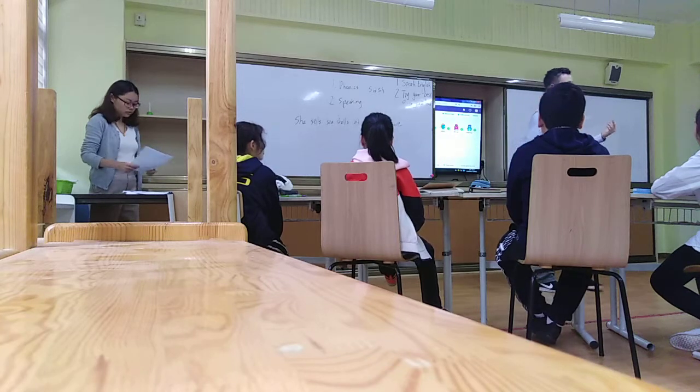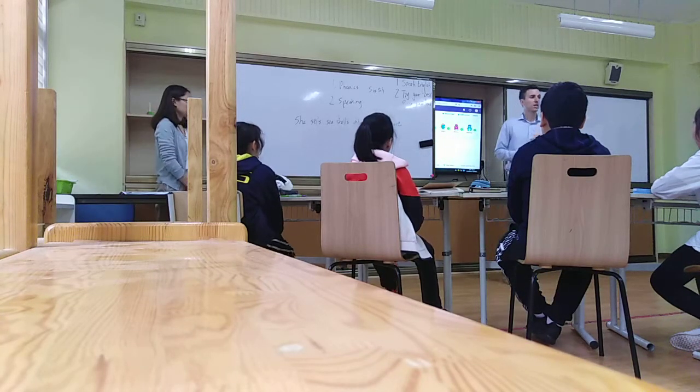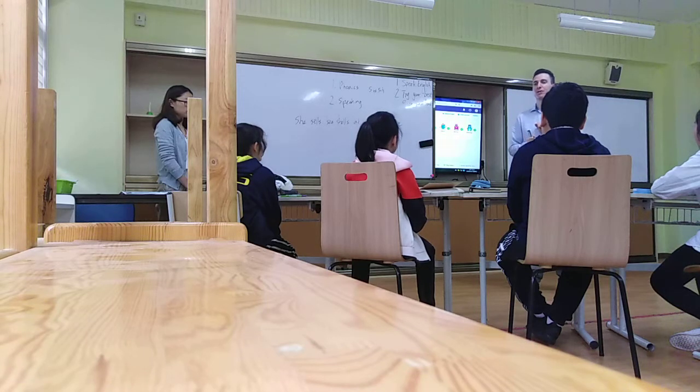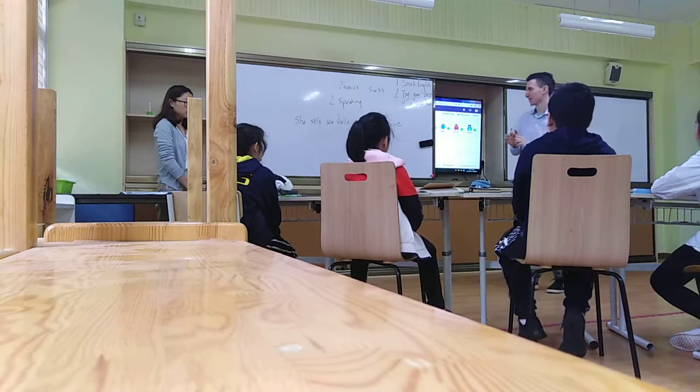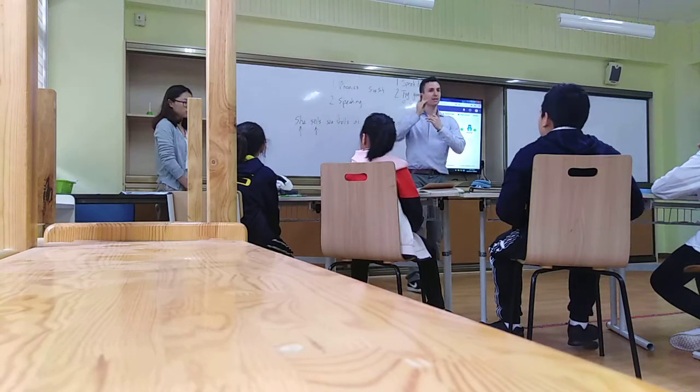So now I want you to repeat this. I'll say it again. She sells seashells at the seashore. Now, why don't we do one word at a time? You repeat one word at a time. So, for example, I'll say she, and then you repeat.